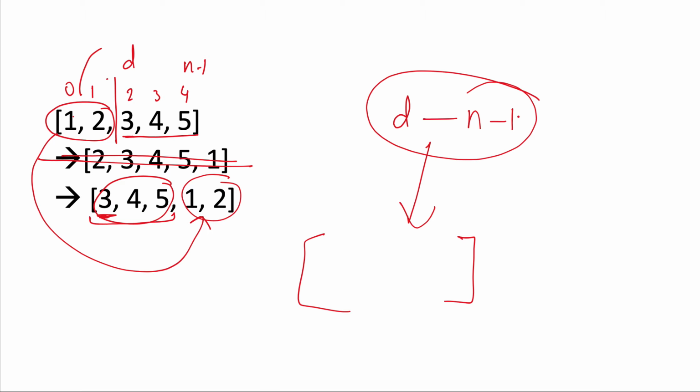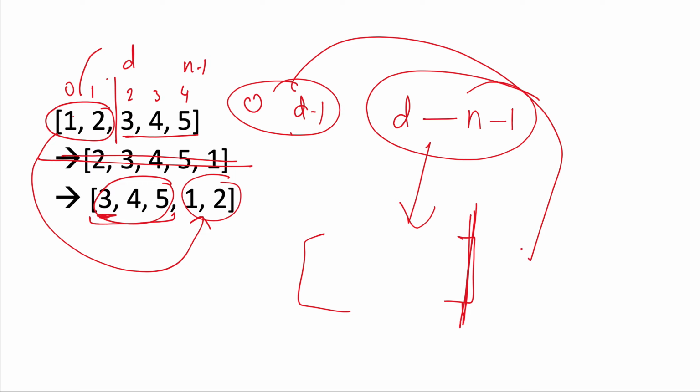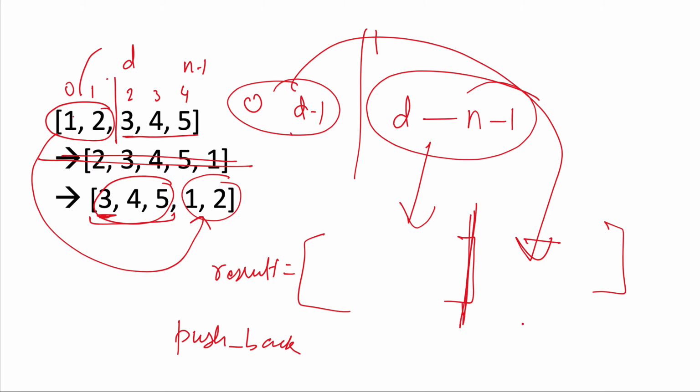And then after this last element, copy everything from 0 to d minus 1, that is push back. In vector we have push_back in C++. This will be our result vector. First copy the second part, and then push back the first part.